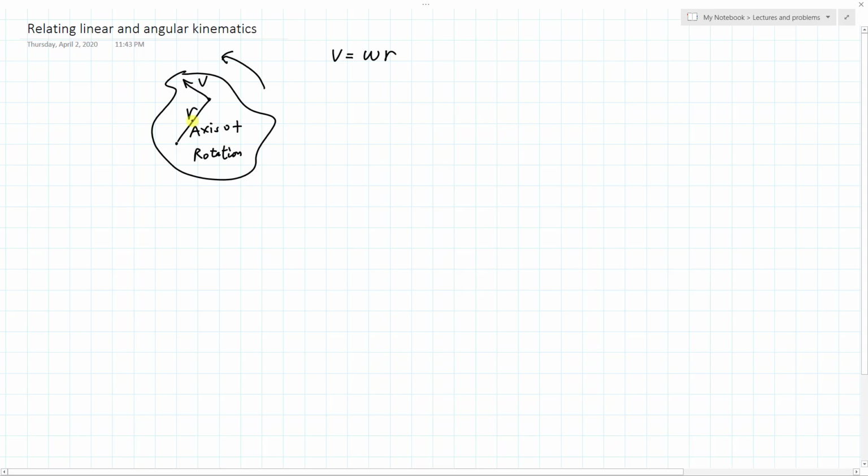So this point halfway only has to trace half the circle. Let me see if I can draw a circle around the axis of rotation. Not a very good circle, but this tells you that this point on this rigid body traces a circle, at half that radius.